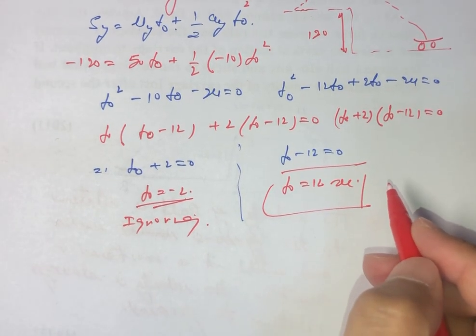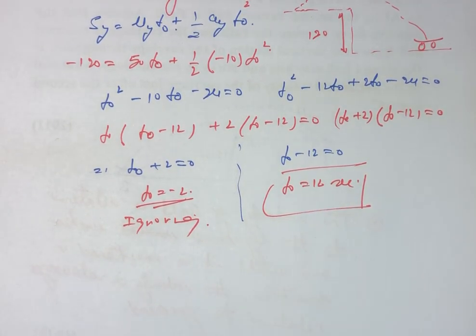So it means the first cannonball is going to strike the carriage after time 12 seconds.